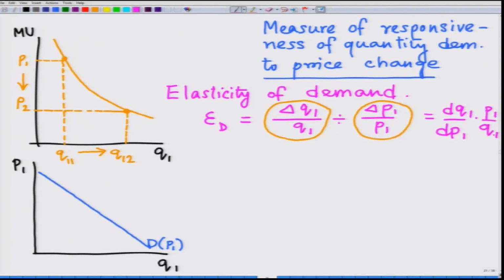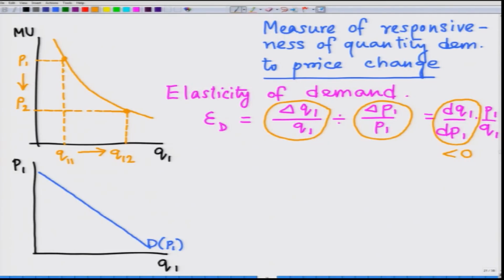Right, and as you can see, this component is basically the slope component of the demand function, and we have seen that although we do not know the curvature, the demand function or demand curve is always downward sloping. So, we know for sure that this is negative. So, epsilon d, elasticity of demand, is basically a negative number, but it is somewhat difficult to handle a negative number.